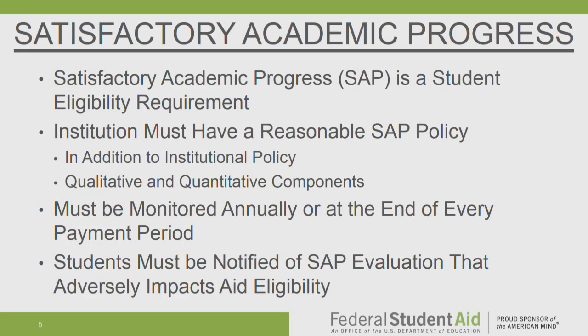So satisfactory academic progress. In order to be eligible for federal student aid, they must be making SAP, what we call satisfactory academic progress. Just to be clear, as we mentioned before, there's an institutional SAP policy. This is your college or university's policy, maybe dealing with grades, units, these sort of things, completion rates.